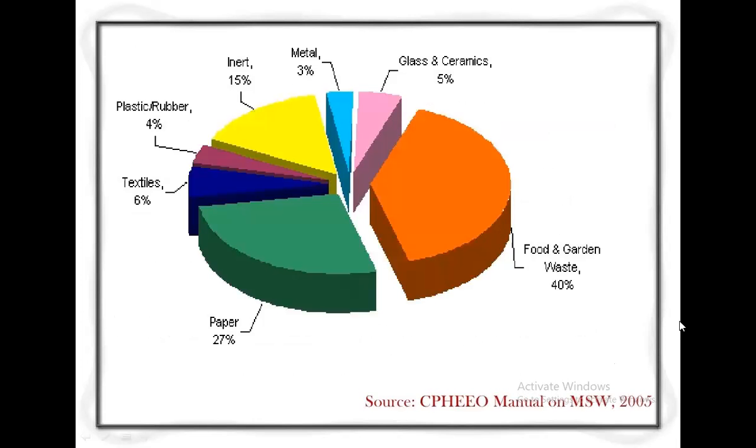See this diagram, it is given from the source CPHEEO manual on municipal solid waste, 2005. See this percentage. Food and garden waste is 40%, this is more. Then second, paper 27%.